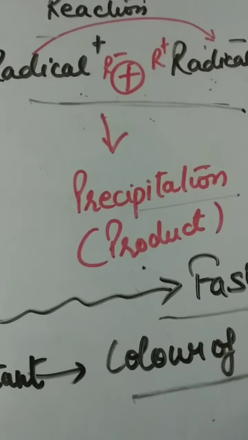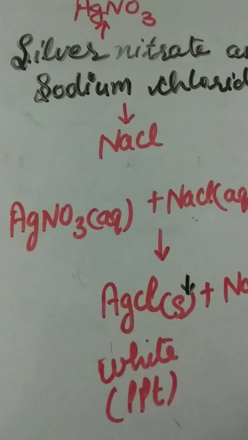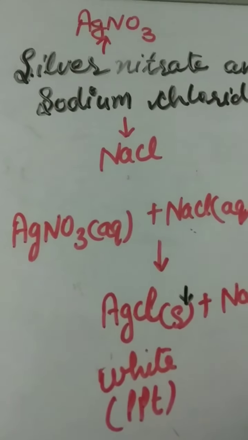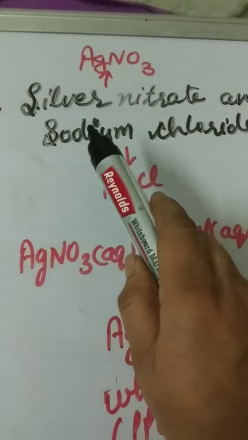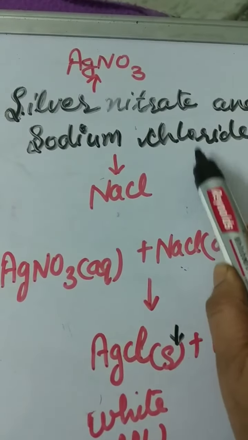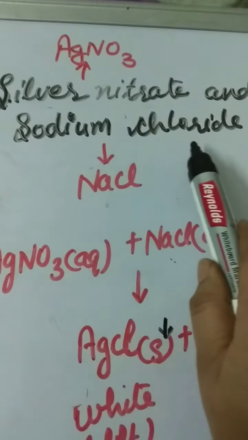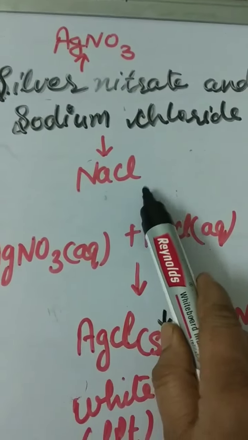Now we will discuss some examples related to double displacement. The first example is the reaction between silver nitrate and sodium chloride. Formula of silver nitrate is AgNO3 and formula of sodium chloride is NaCl.